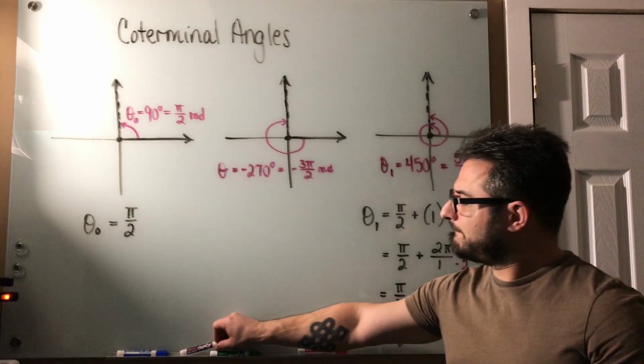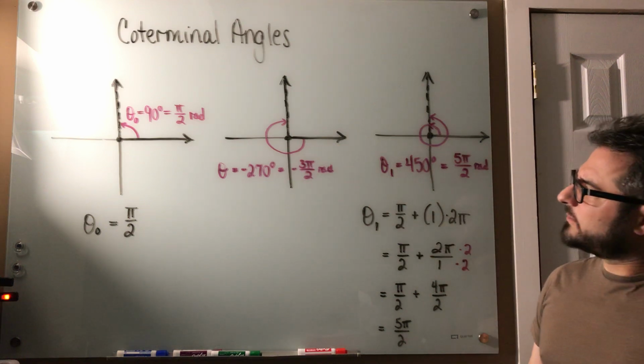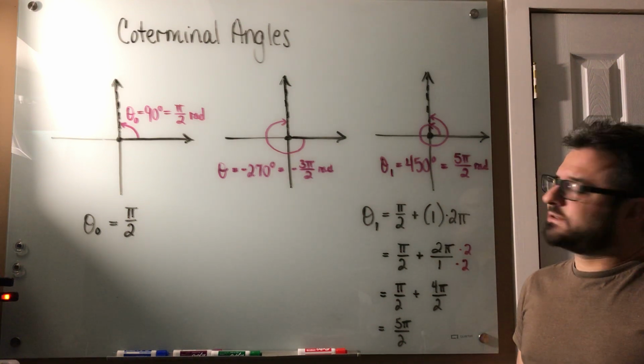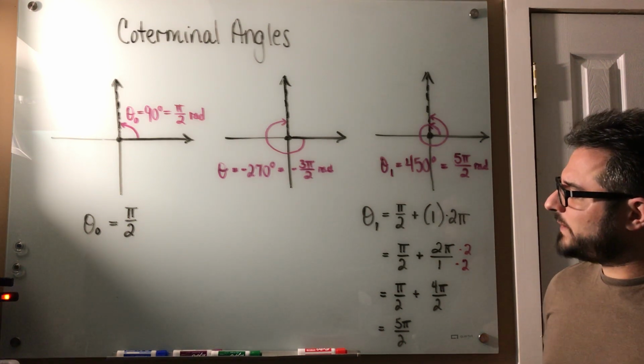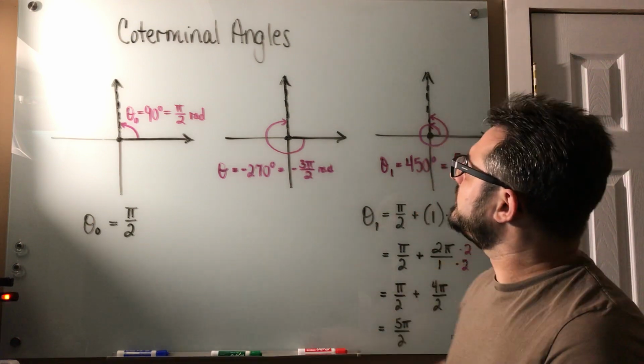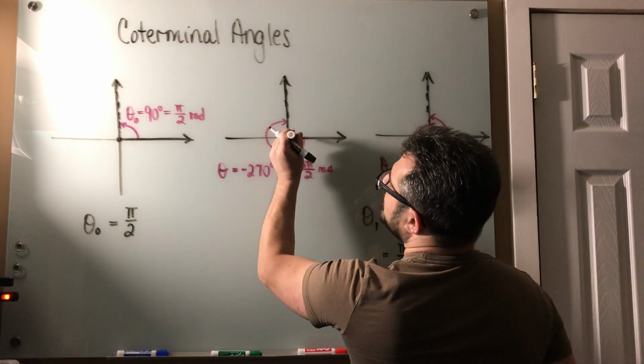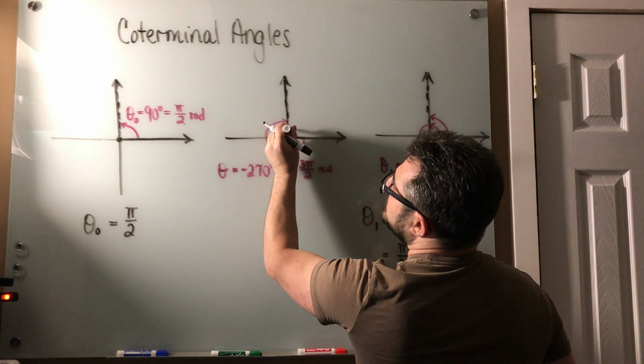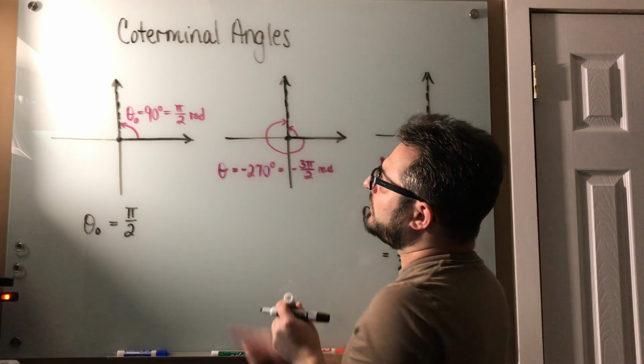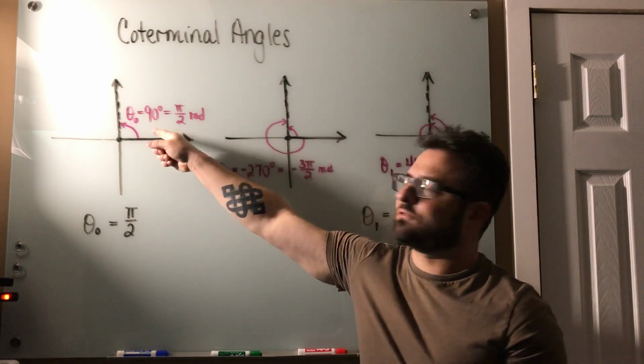Okay. Now this one's a little bit weird because it requires a change of direction. The formula is based on the idea that we always are going to start out by going to the angle in the original amount and direction.